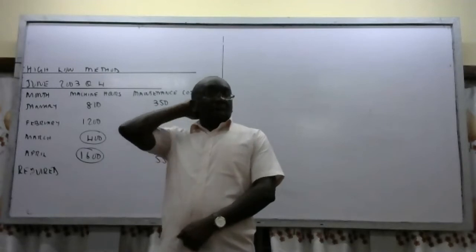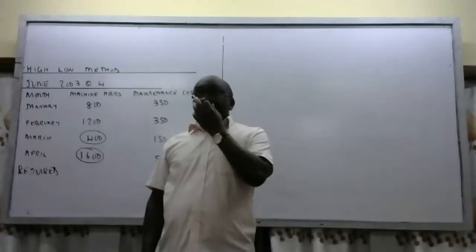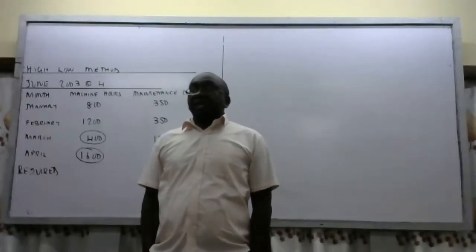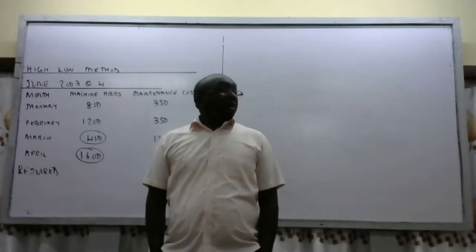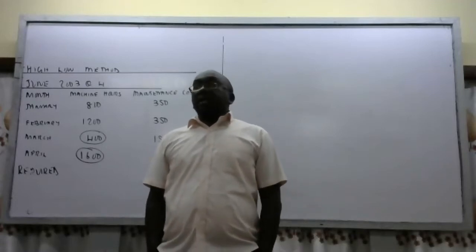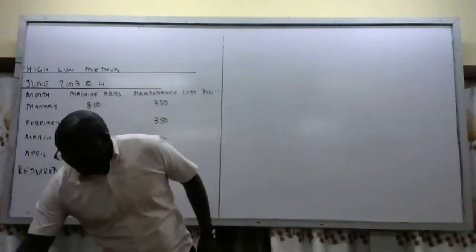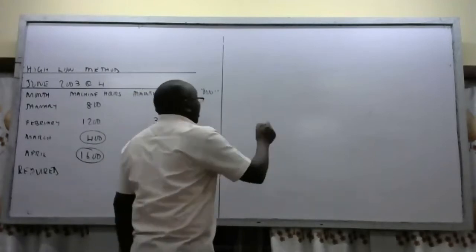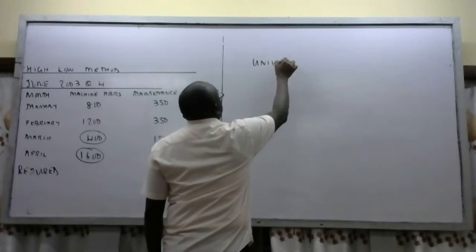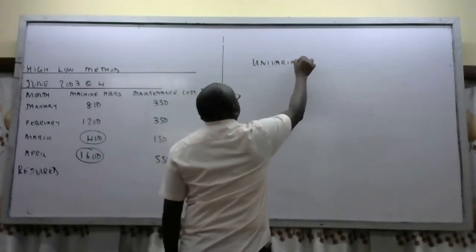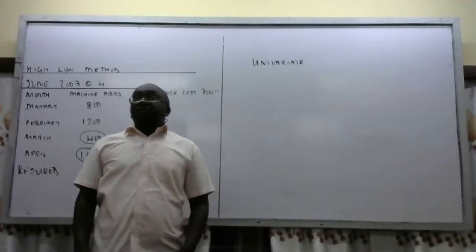If only one independent variable exists, the data is called univariate.